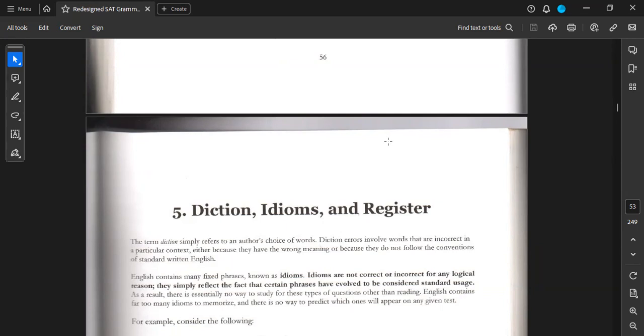And register technically means a type of language that's used in a certain area, right? So for example, let's say you come from a country like Zambia, and you go to the United States, and then you say, I need to go to the Dingo, people might not know what you're talking about, but in Zambia, Dingo is slang for dining hall, right?